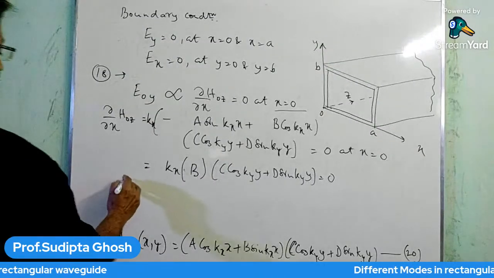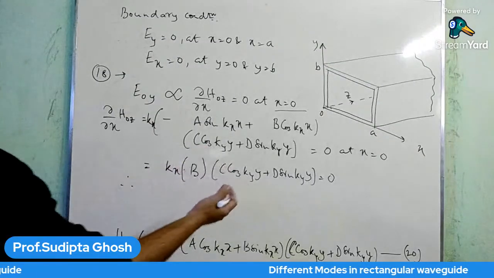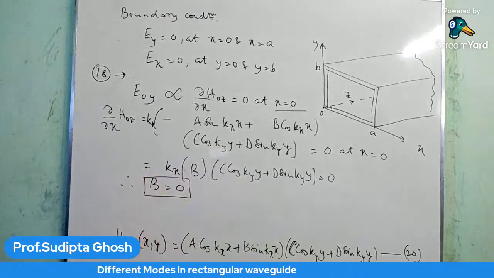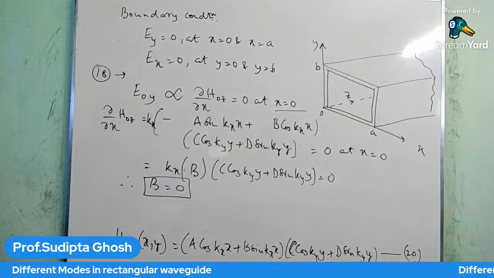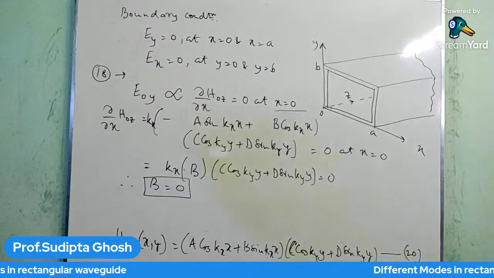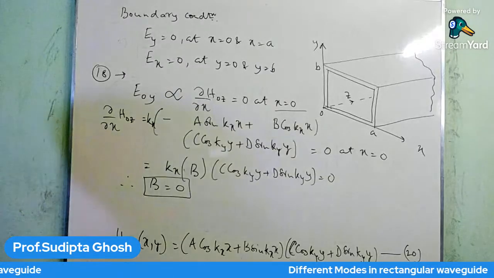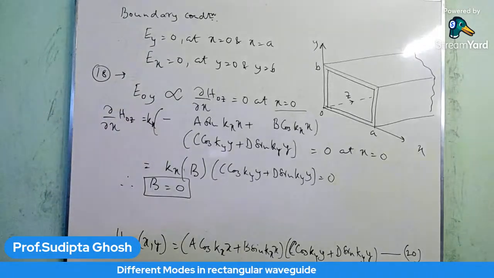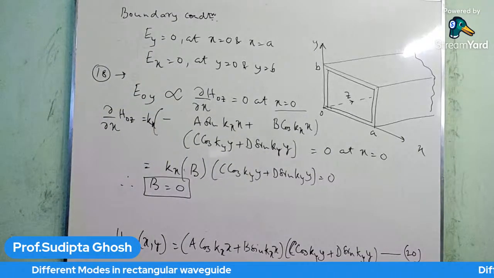Therefore, equation 20 gives, after putting the boundary condition, b equals 0. Right? Any doubts? Have you any doubts? If not, give a thumbs up.